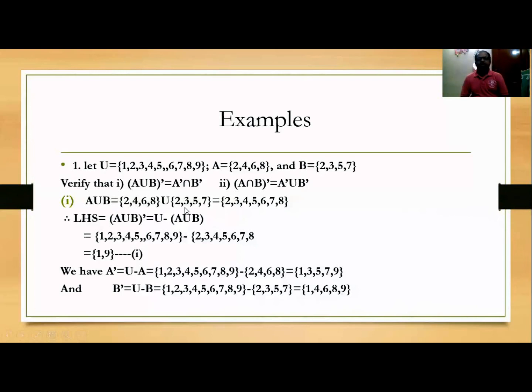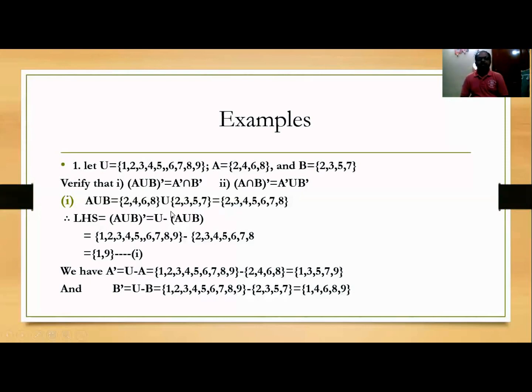We write the elements in order for our convenience. If you write them otherwise, it doesn't matter, it will not change the set. So here 2, 3, 4, 5, 6, 7 and 8. Means A union B will be the set containing the numbers 2, 3, 4, 5, 6, 7, 8.